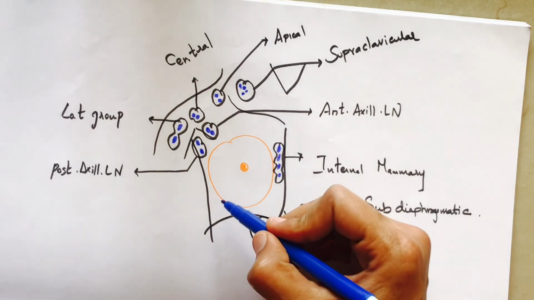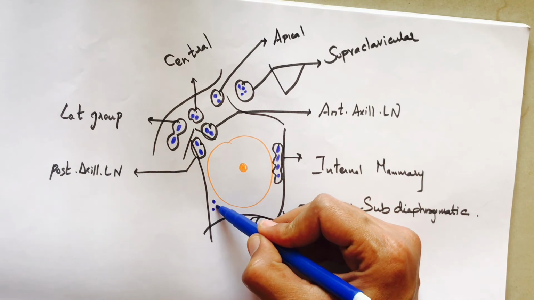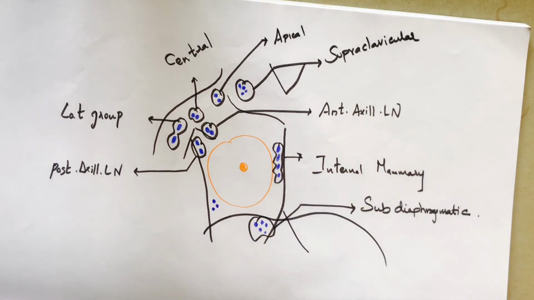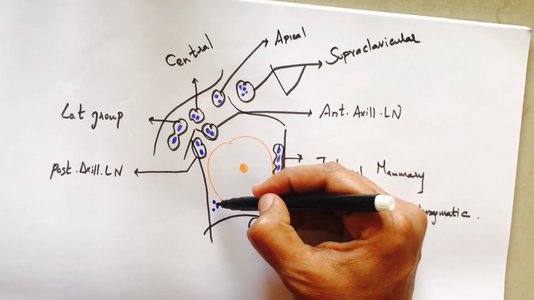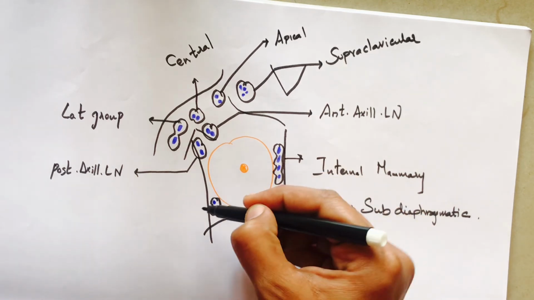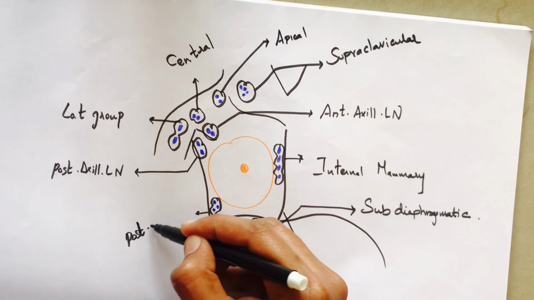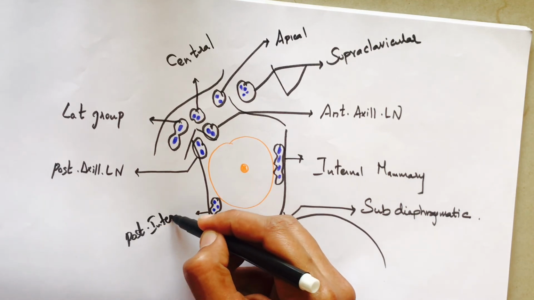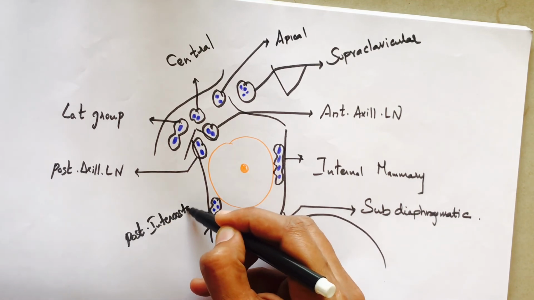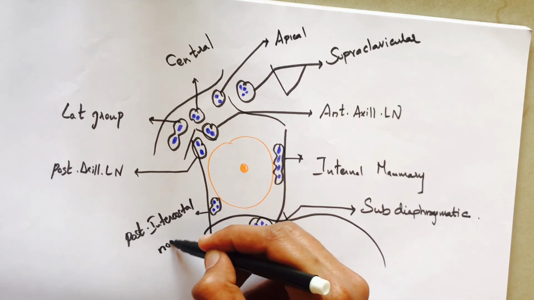We should know that we have two lymphatics, superficial and deep lymphatics. The superficial lymphatics drain the skin over the breast except nipple and areola, whereas the deep lymphatics drain the parenchyma along with the nipple and areola.